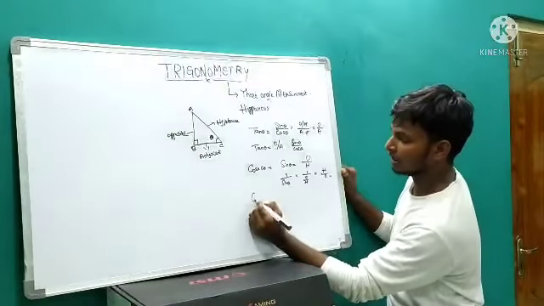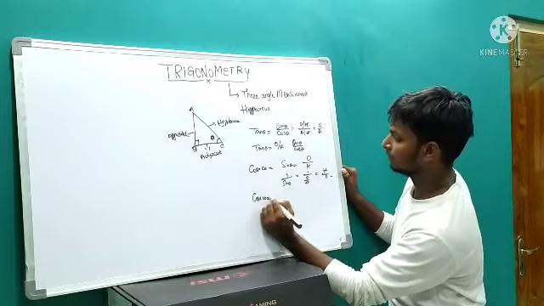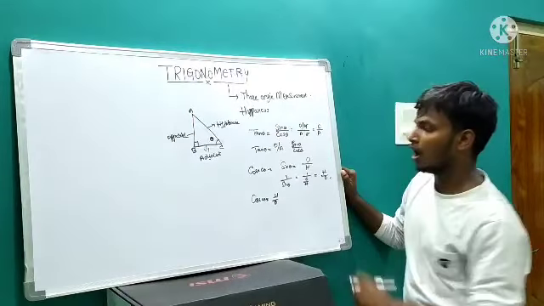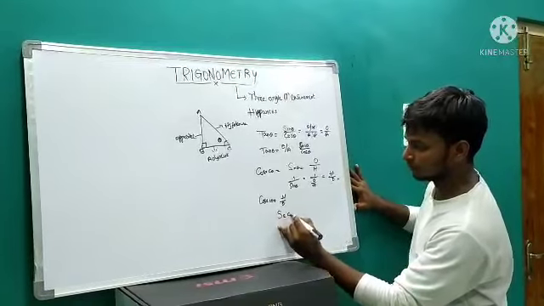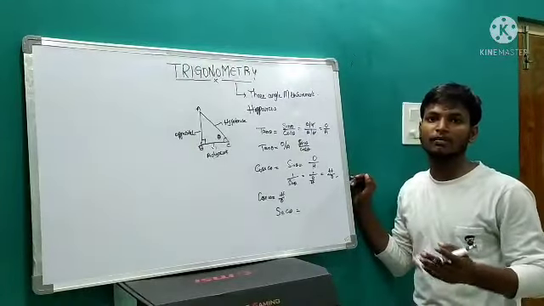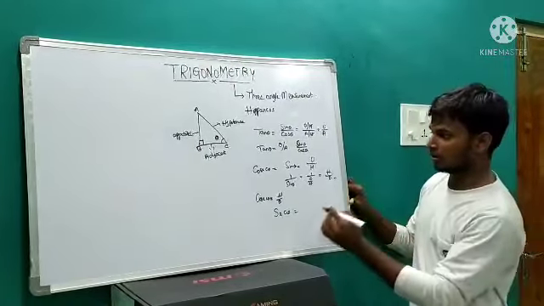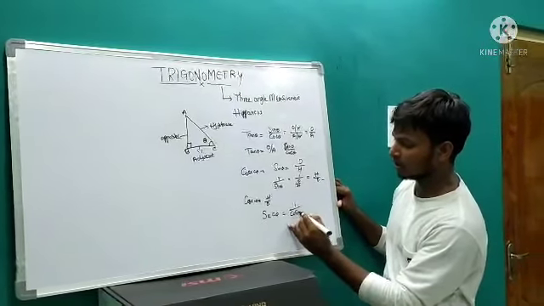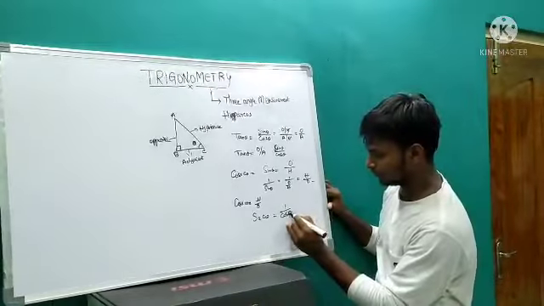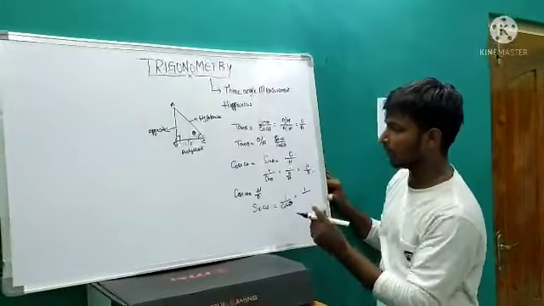Therefore, cosecant theta formula is hypotenuse by opposite. Secant theta is nothing but the reciprocal of cos theta, which means 1 by cos theta.